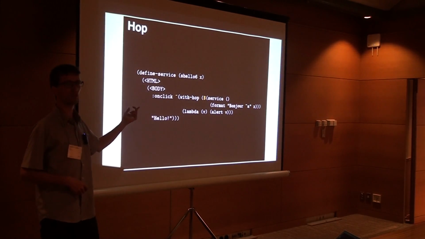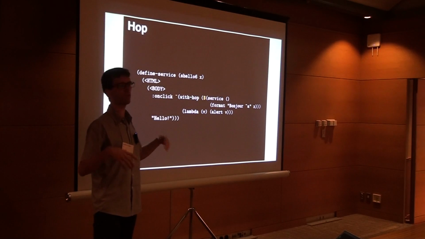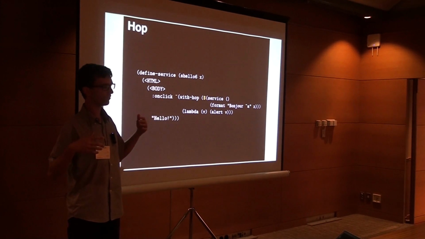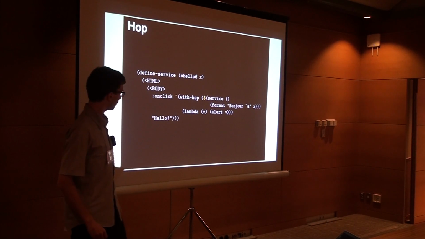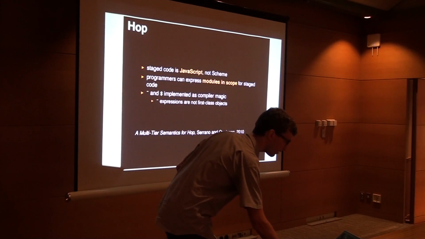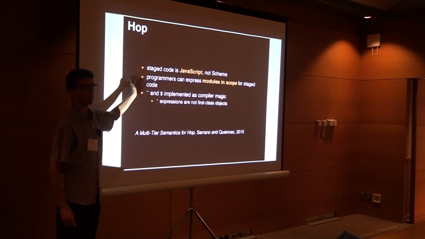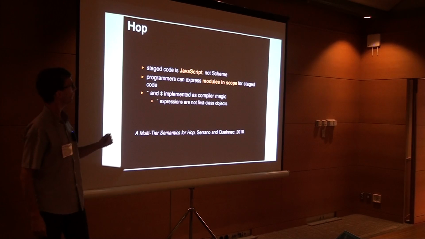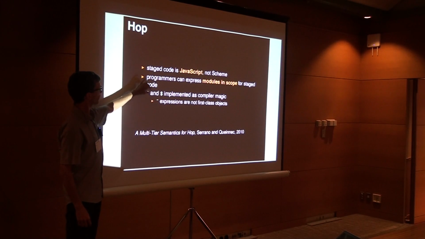In this case, the server-side value is a service. So it's essentially a procedure with additional processing that makes it a valid HTTP service. So this is kind of the same problem space. The big difference, obviously, is that the staged code, the generated code, is JavaScript and not Scheme. And so that's one big difference.